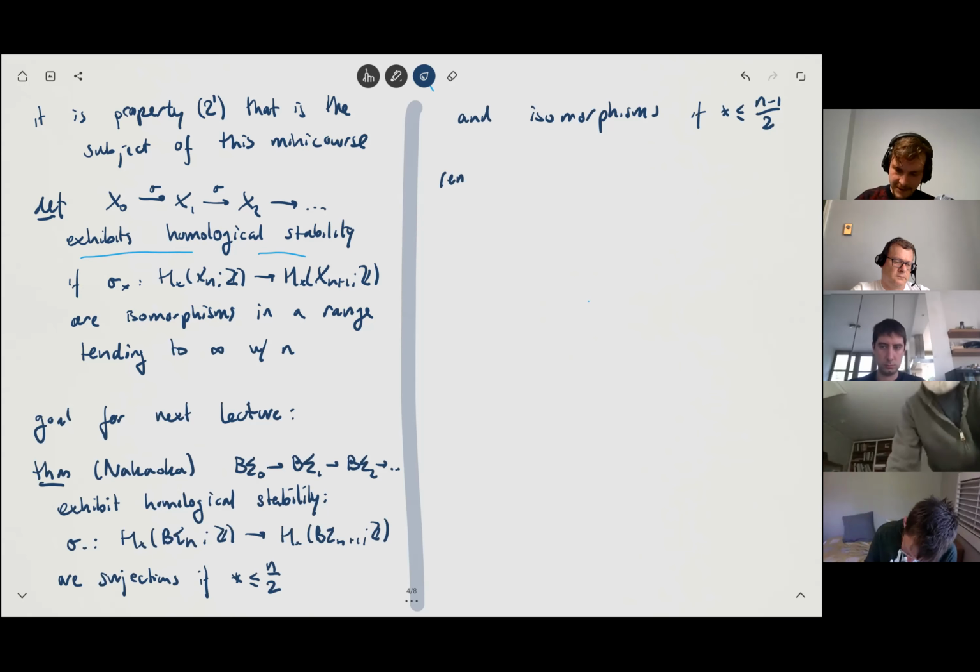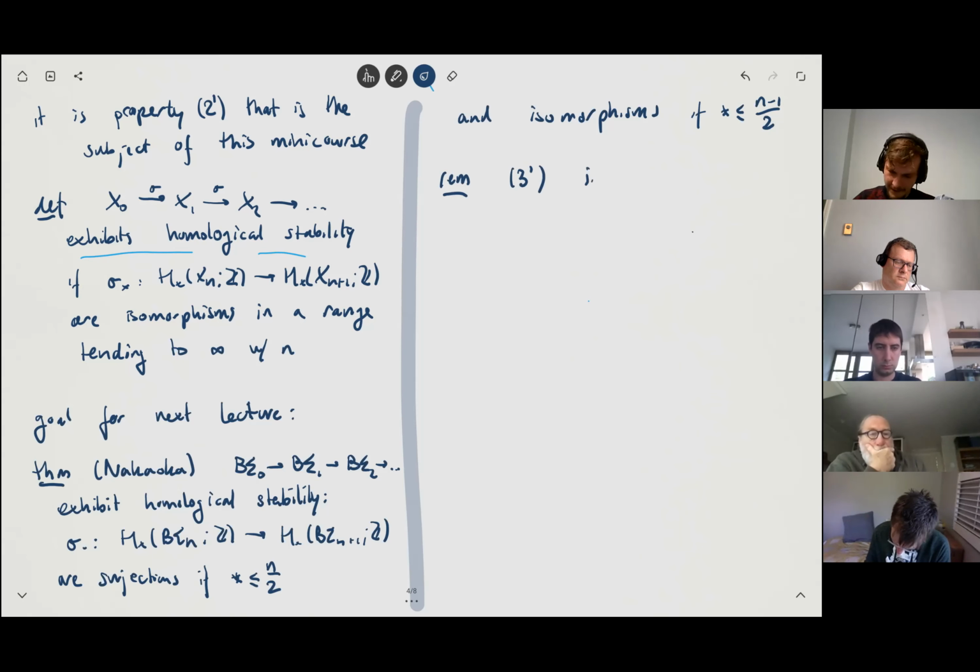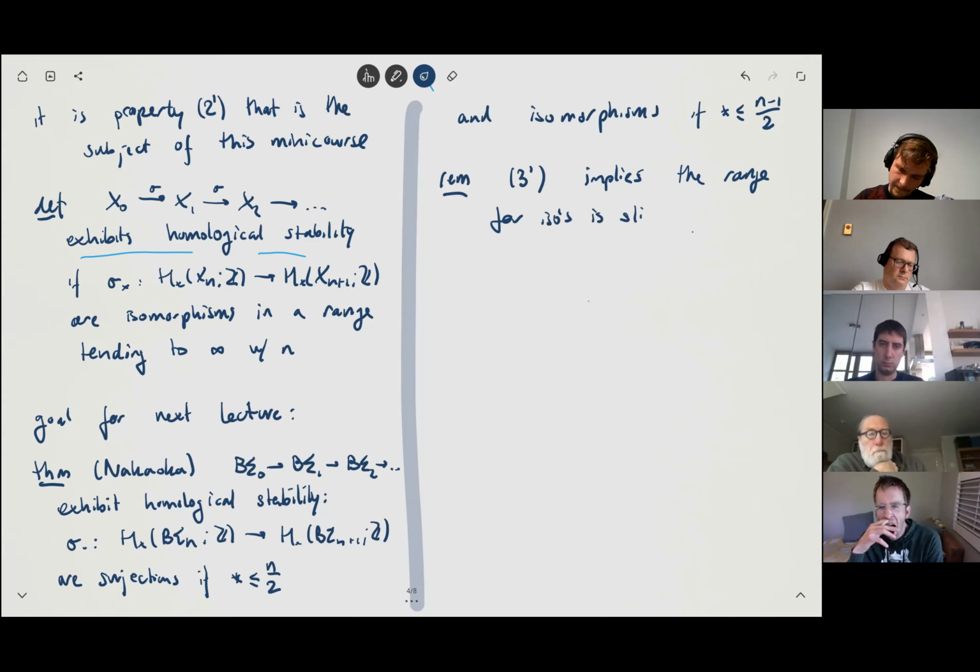Of course, since we know by this third property that all the stabilization maps are injective, actually the range is slightly better for the isomorphism. Right? Because if you're a surjection that's also an injection, you're an isomorphism.